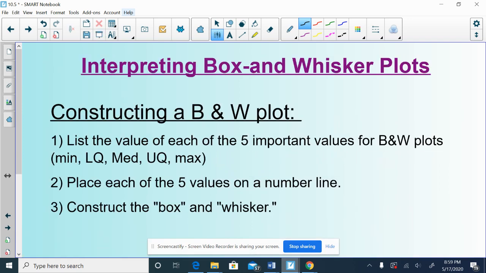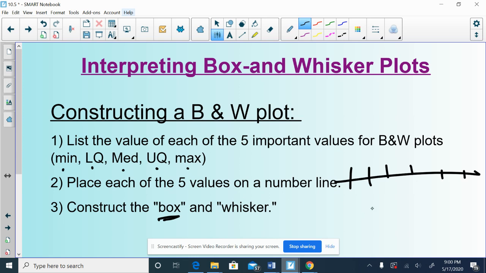In order to construct a box and whisker plot, I put some directions here. You're going to need to find five important values. It's called the five-number summary: the minimum, the lower quartile, the median, the upper quartile, and the maximum. You're going to make a number line, and then create this thing called a box and whisker plot.